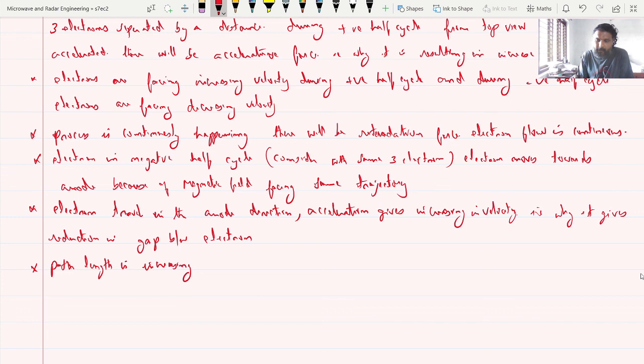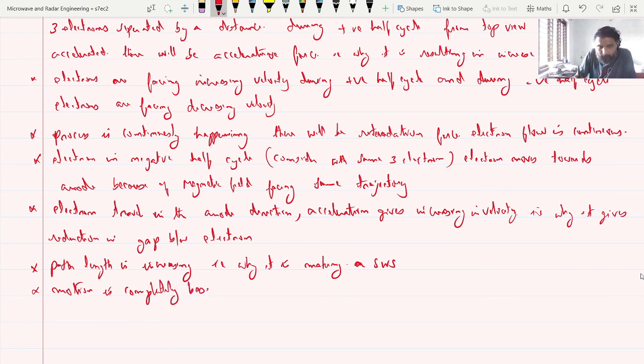That is why it is making a slow wave structure.